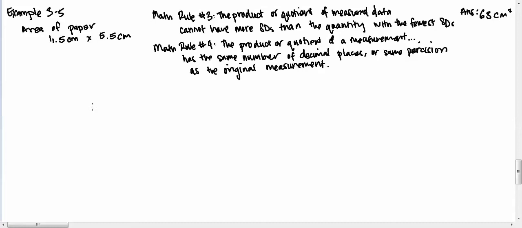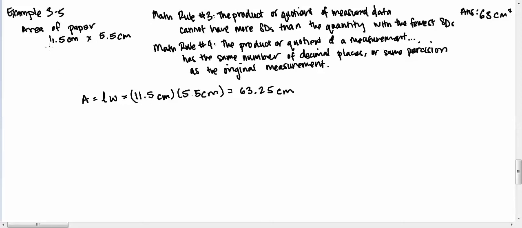In this case, the area is equal to length times width, and if I plug 11.5 centimeters and 5.5 centimeters into my calculator, the calculator spits out 63.25 centimeters.